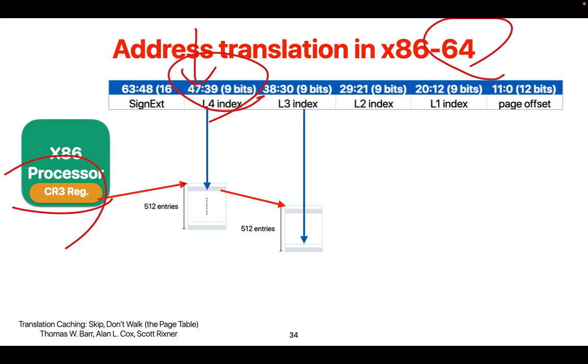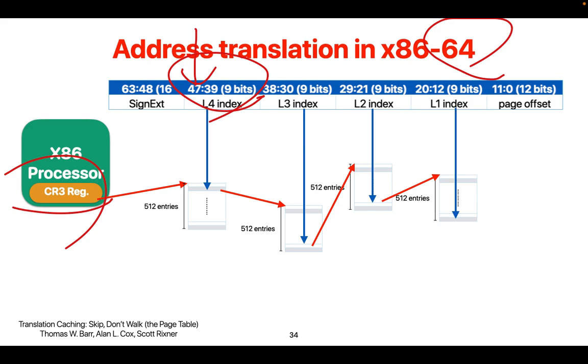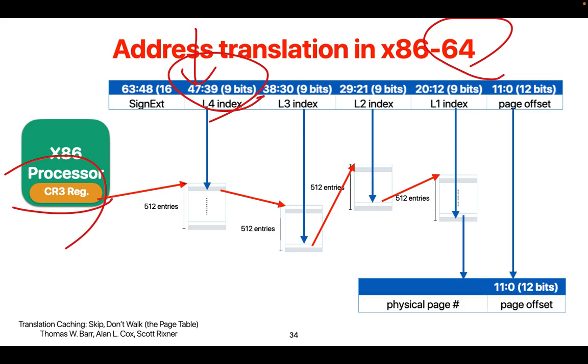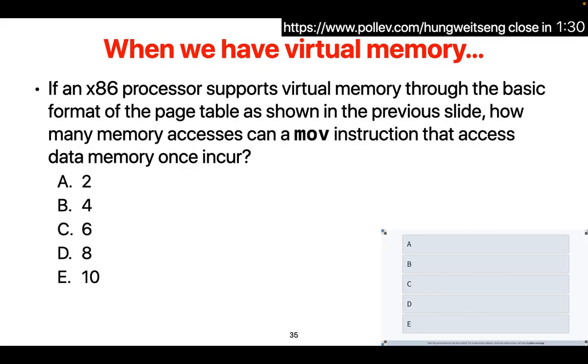Then again, use the L3 index to find out where in the 512 entries I can find the L2 table. The L2 table also uses the L2 index, which points to the next level. And the next level, because it's L1, is finally where I can find my translation. Then I can find a physical memory page number concatenated with my offset. So that's how an x86 processor would translate your address, by traversing this hierarchical page table.